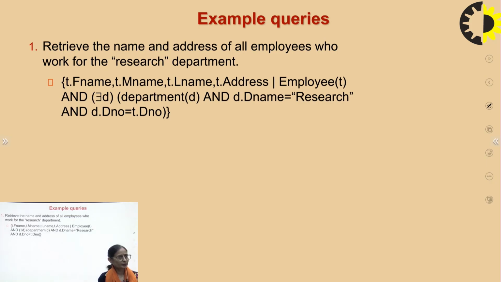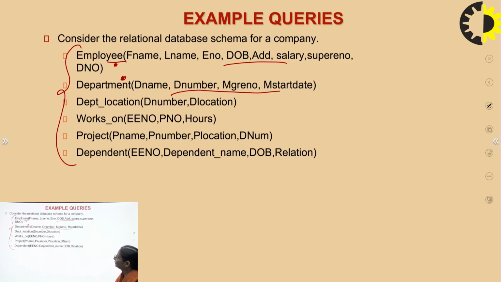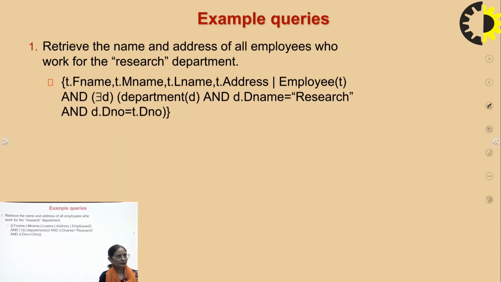So what I need to do, first I need to specify the attributes that need to be printed. In this case I need name and address, and in this particular employee database, we have segregated the name into 2 parts. We have created atomic fields corresponding to name, that is F name and L name, and the middle name is also there.